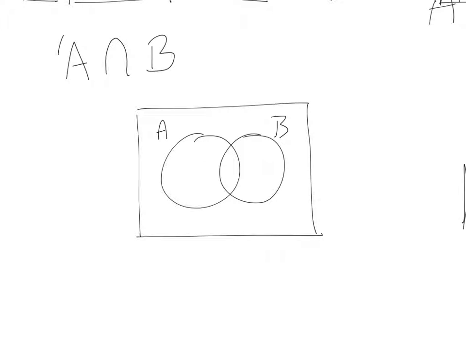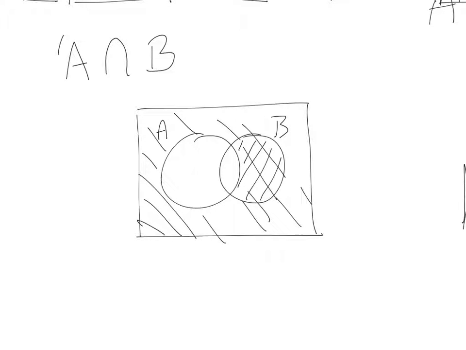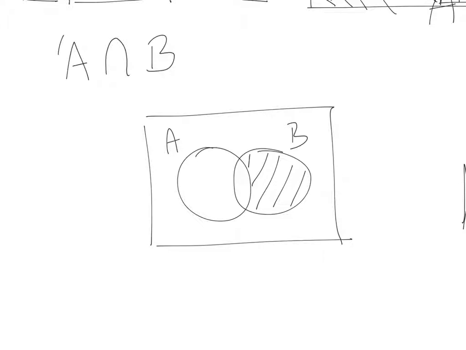So we're looking at the intersection of not A and where that overlaps with B. This is all not A, and B is the bits which are jagged, this area here. So that is the overlap of not A and B.